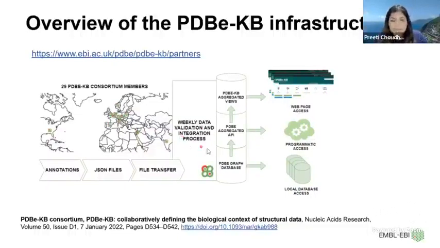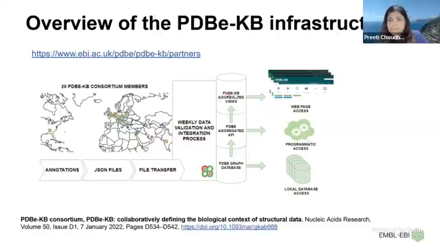This parses these files and stores the data in a graph database. This graph database is available for users to download. It is also used to expose the data at various aggregated endpoints, and via these, users can programmatically access this data.